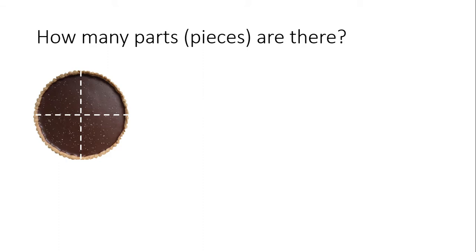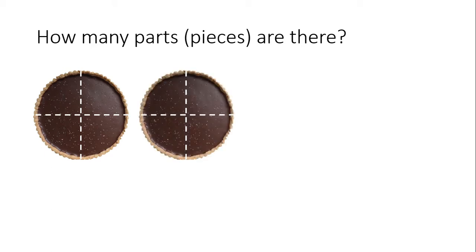Now that would be easier if we actually have a picture of something. So for example, here's my chocolate pie. How many pieces are there when I've divided the pie into fourths? Let's count. 1, 2, 3, 4. So far, so easy. What about 2 chocolate pies? 1, 2, 3, 4, 5, 6, 7, 8.